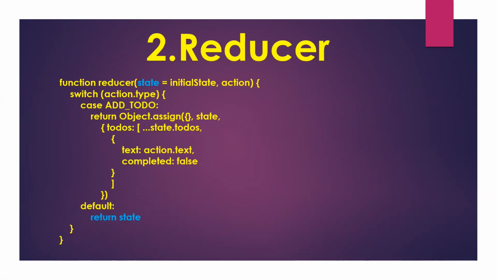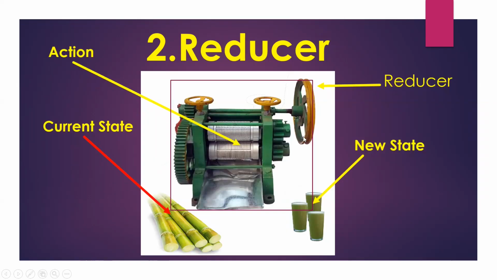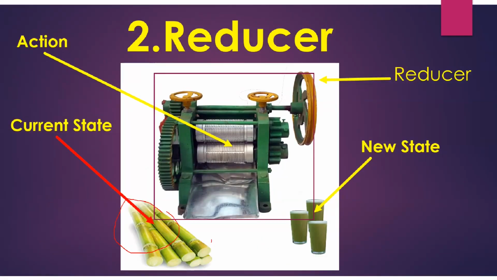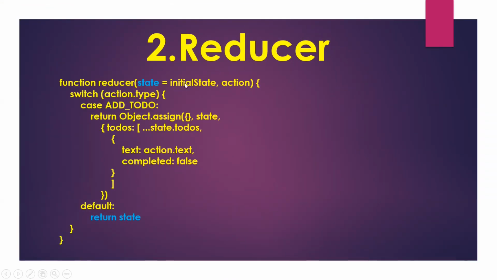Now let's check a code here. As I have mentioned before, reducer is nothing but a function. So as you can see, this is a function. In the function reducer, we are providing the initial state. If we go back here, this is the initial state, right? And in action, we have to tell what kind of action will be performed, so there will be the name of the action.